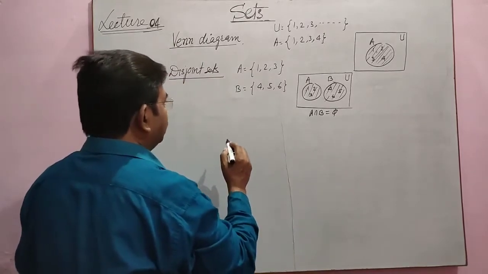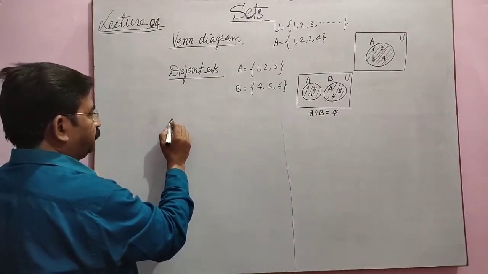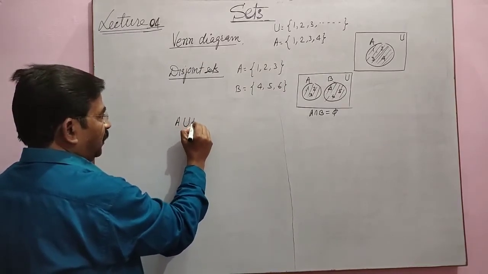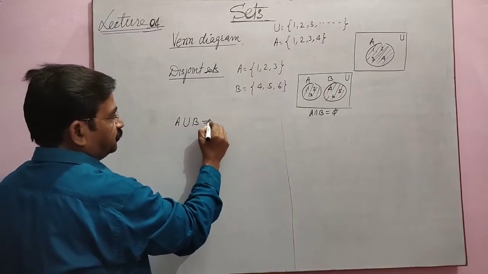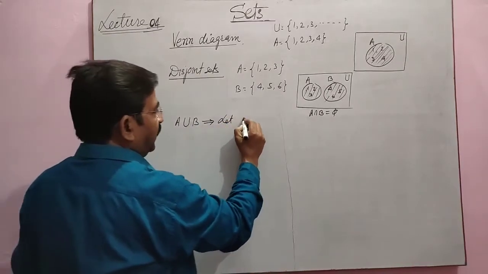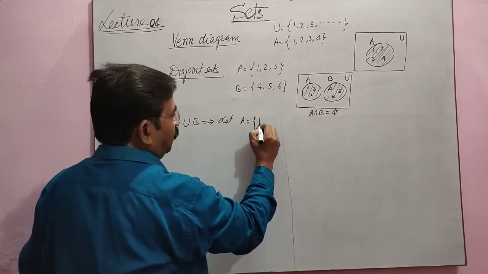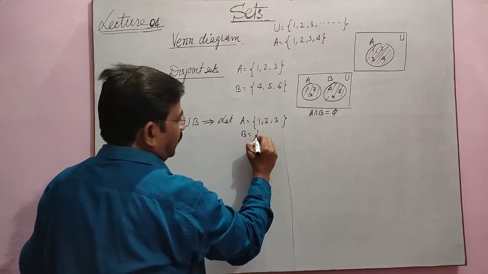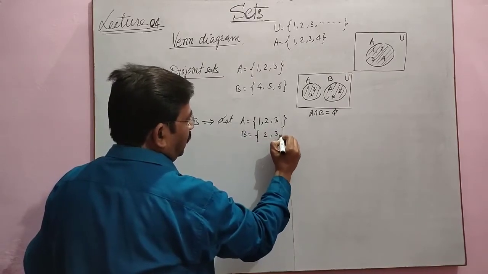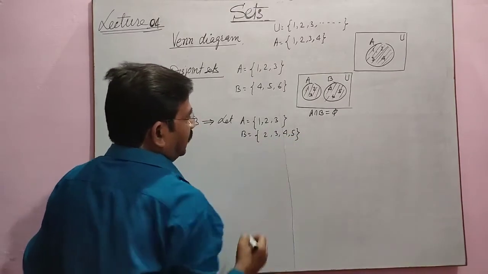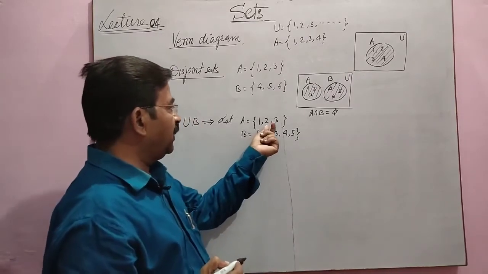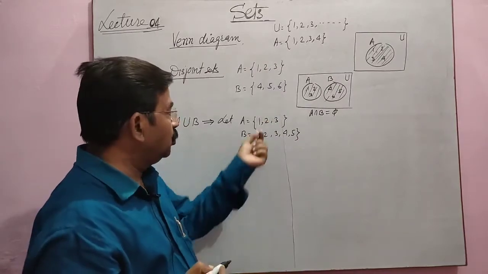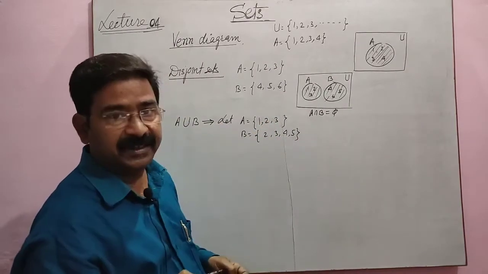Now let's see union of sets. A union B. Let A be a set containing 1, 2, 3. B is a set containing 2, 3, 4, 5. See, what we have? Two elements 2 and 3 are common in both the sets.